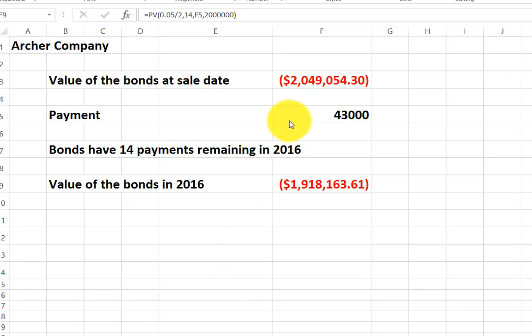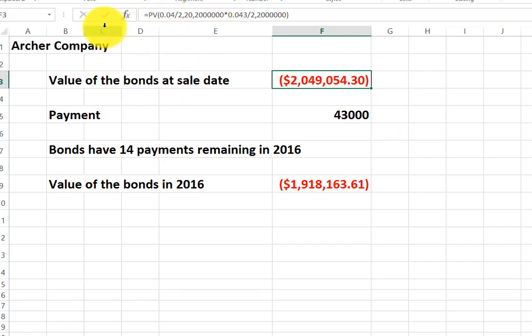So the first one is Archer Company, looking at the value of the bonds. The value of bonds is the present value of the future cash flows. So you can see the formula here.